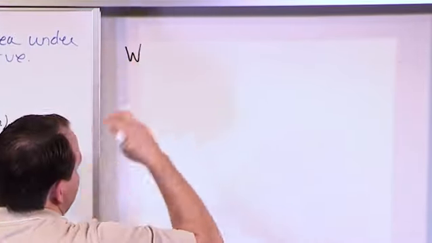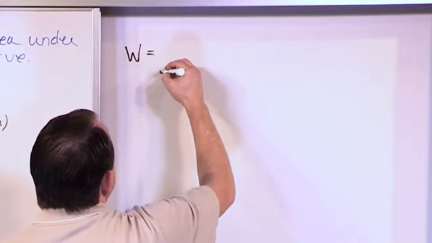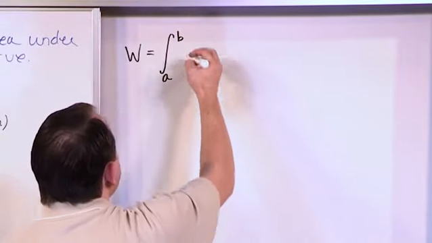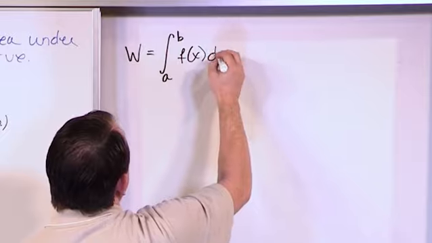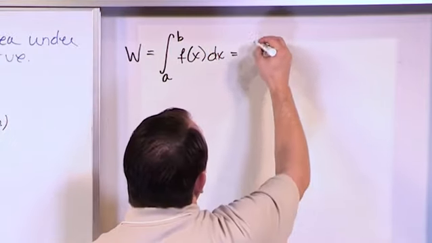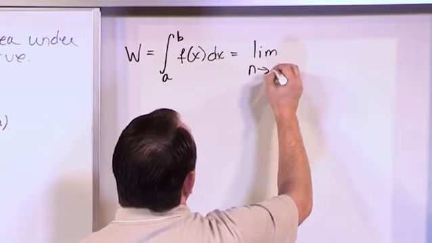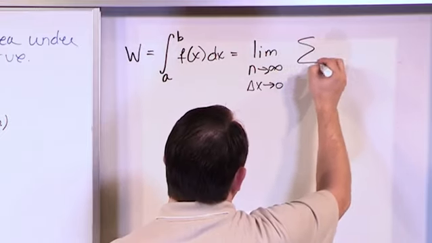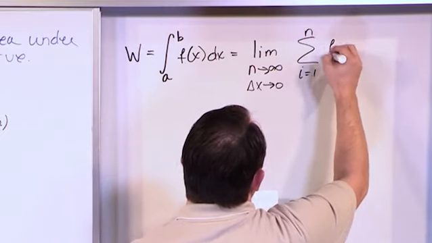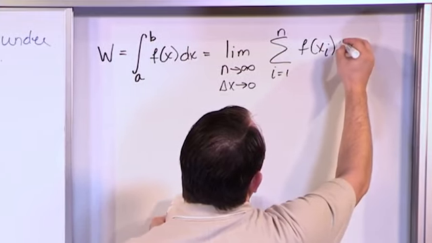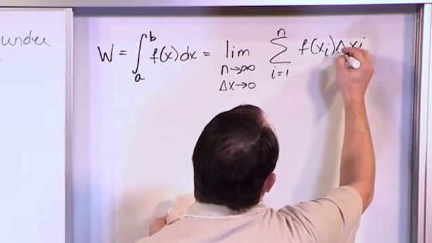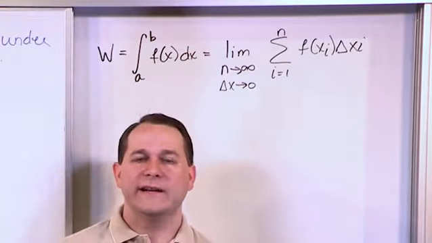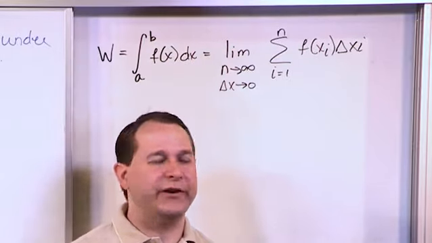So the work, which is what we've all been talking about, is defined as the integral from a up to b, that's the distance that the box moves from a to b, of the function f of x dx, I'll explain what dx means in a minute, is equal to the limit as n goes to infinity and as delta x goes to 0 of the summation i equals 1 up to n of f of x sub i times delta x sub i. That looks ugly, that looks intimidating, that looks scary, but I hope that I've broken it down into little tiny chunks so that you can really understand what this is saying.